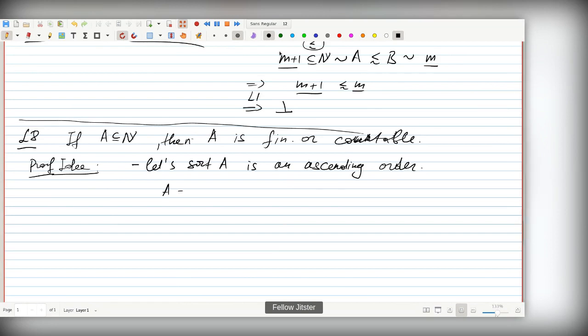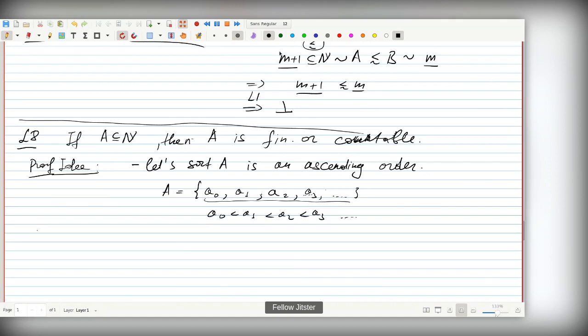What does it mean? That means that we want to count all the elements of our set in such a way that they shall grow in an ascending order. So we shall arrange them this way. Apparently, it is possible.